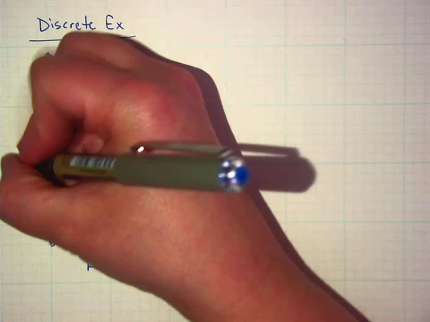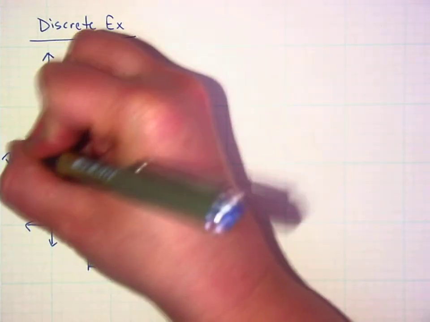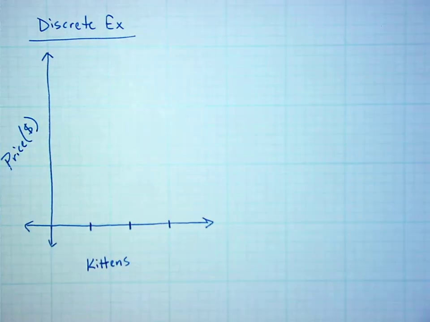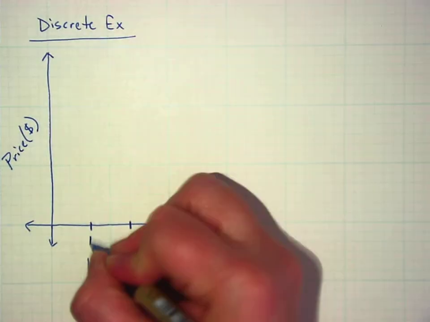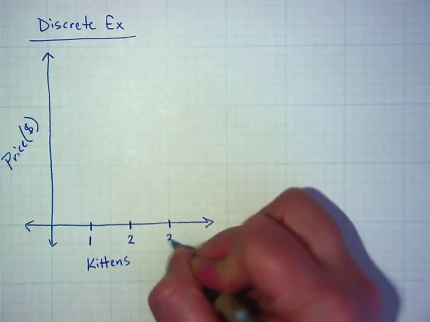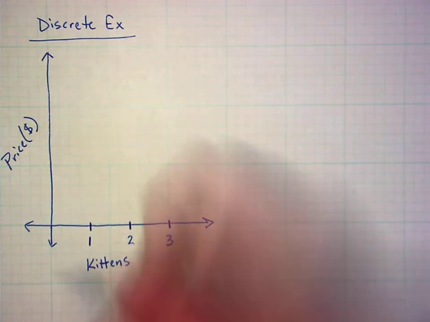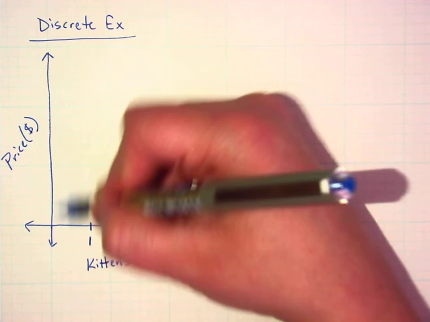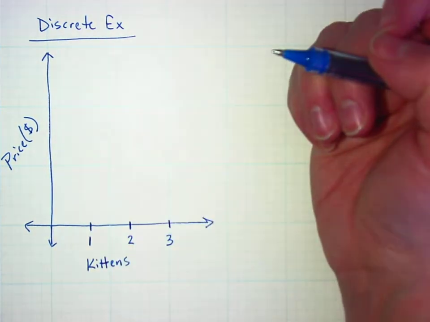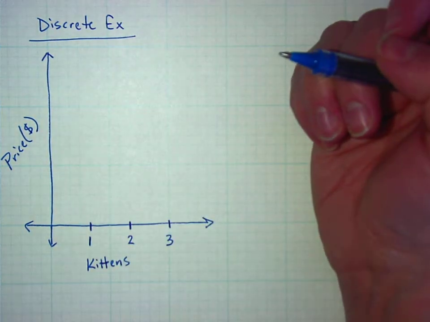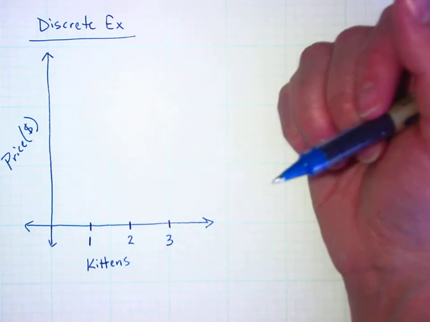Okay, so we're gonna write over here price, and the price is in dollars. 1 kitten, 2 kittens, 3 kittens. Can you tell me what the scale is gonna have to be on the side here? What am I gonna have to go up to? Well, it's 20 for each kitten, right?